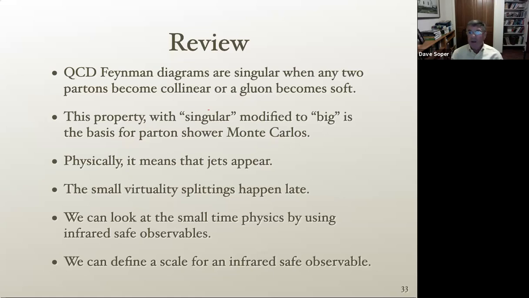Okay, let's just review what we've had. QCD Feynman diagrams are singular when any two partons become collinear or when a gluon becomes soft. And by singular, I mean that's a real singularity.